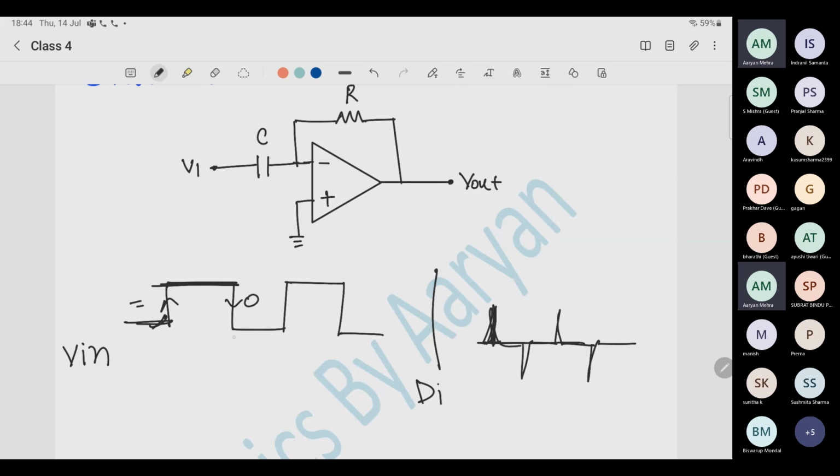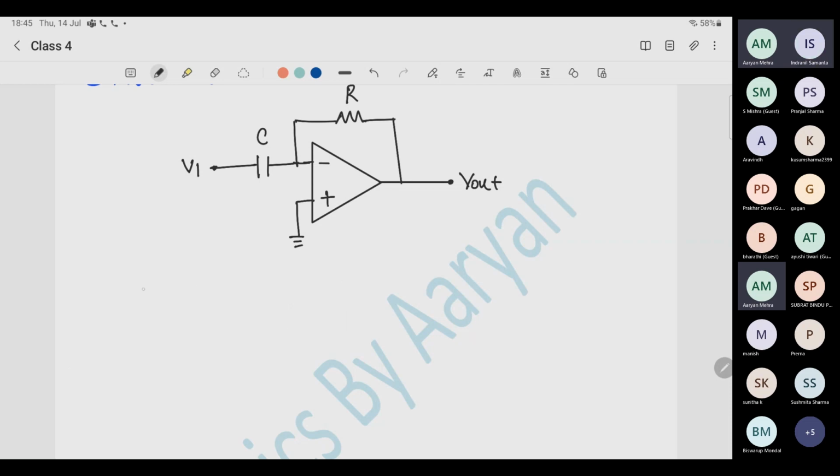Again it is negative here. So you get very sharp peaks, almost no width at all, at these lines, and in between you get zero. These peaks appear because the voltage is changing: here it goes from zero to positive, and from positive to zero.